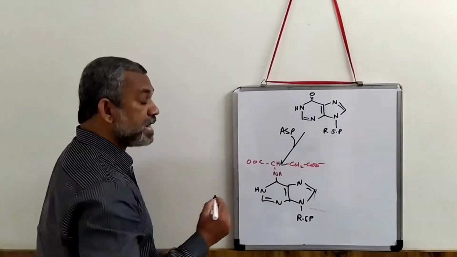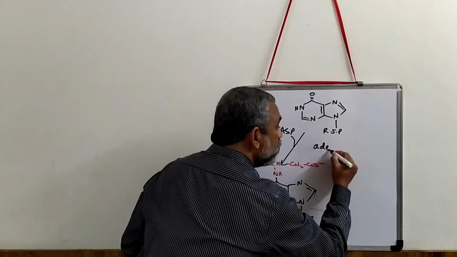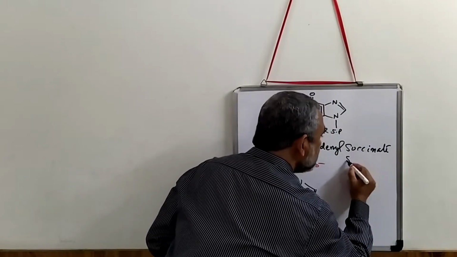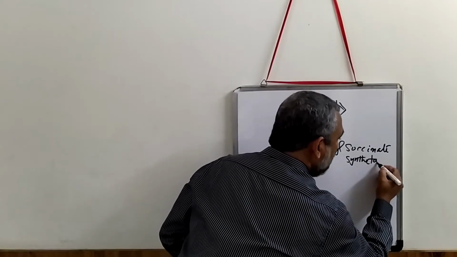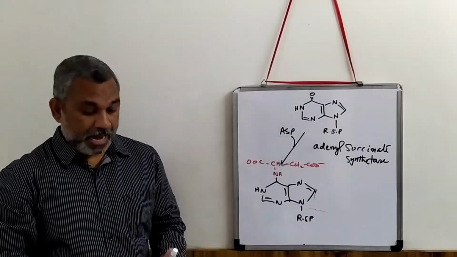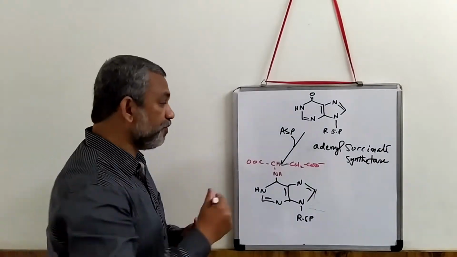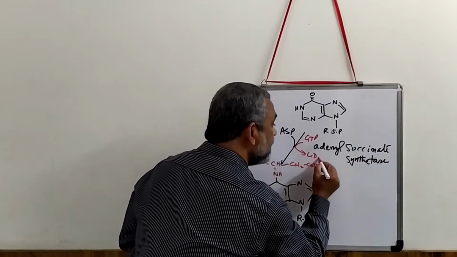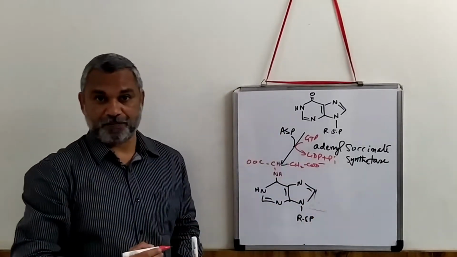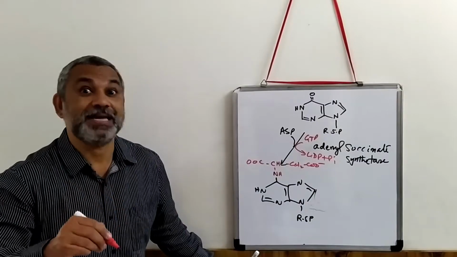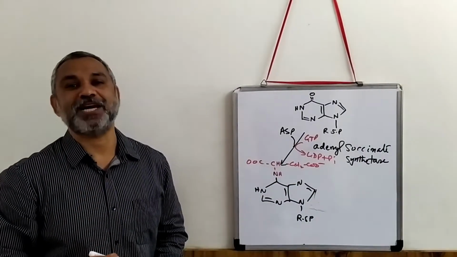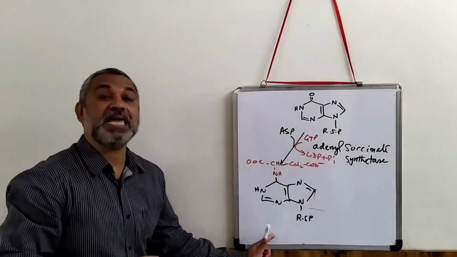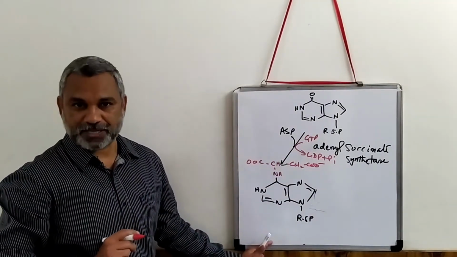This is catalyzed by an enzyme known as adenylosuccinate synthetase. Therefore we should understand energy is needed, and that energy is provided by a GTP molecule, because we are going to make ATP. The synthetase produces adenylosuccinate.